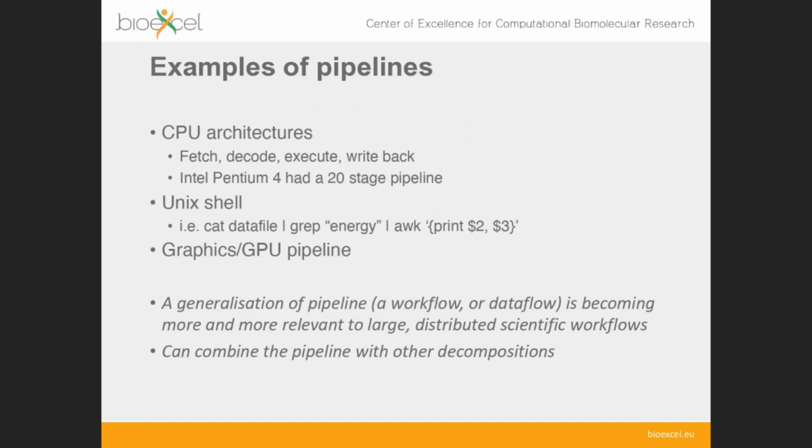You can imagine how they might be adapted in particular cases. In a roundabout way, the actual architecture of how some CPUs are designed has an aspect of a pipeline within the execution of instructions of machine code.